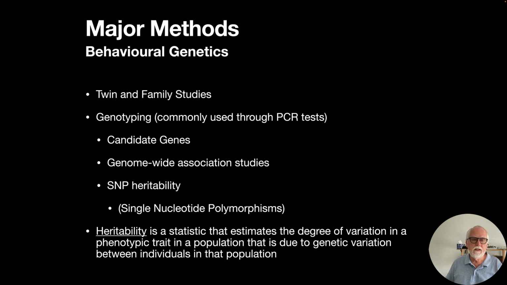Finally, we have this thing called a SNP heritability, or an SNP. The way you think about a SNP is, you might remember that DNA is made up of these nucleotides, A, G, T, and C, but perhaps the G nucleotide is in a particular part of the genome in most individuals, but in a minority of them, this position is actually occupied by an A. And so what that would mean then is you could possibly take all of the people who have the A in that one particular location compared to all the other people who have a G at that spot in the genome, and try to see if there's a difference between those two groups on whatever the phenotype is.